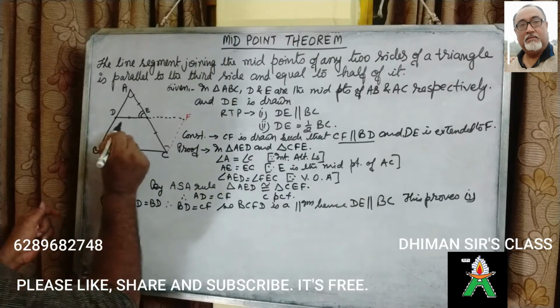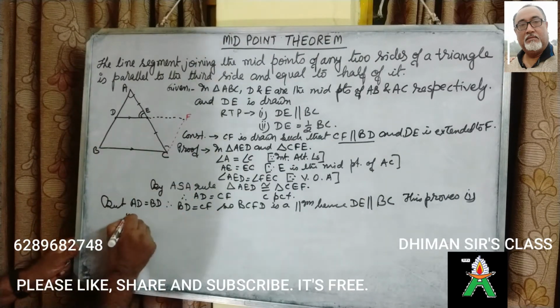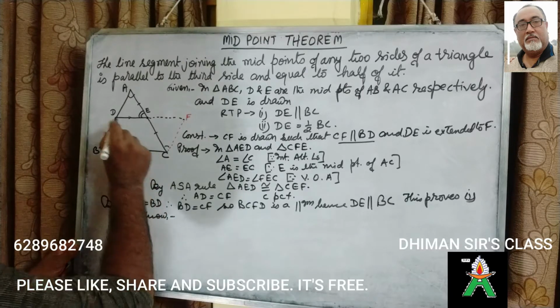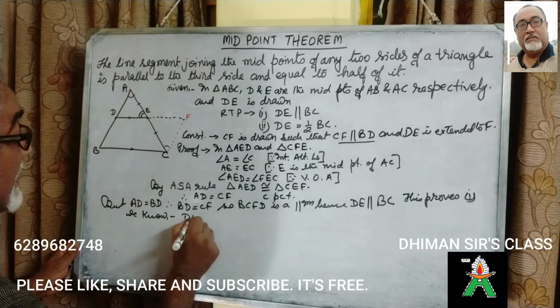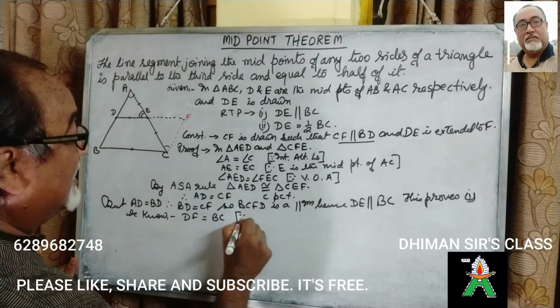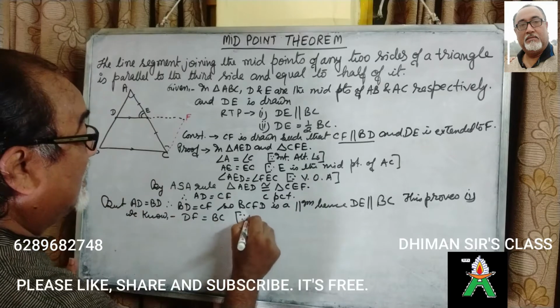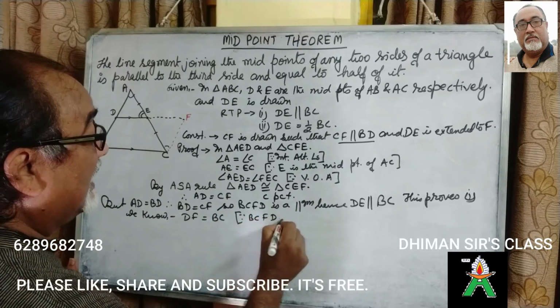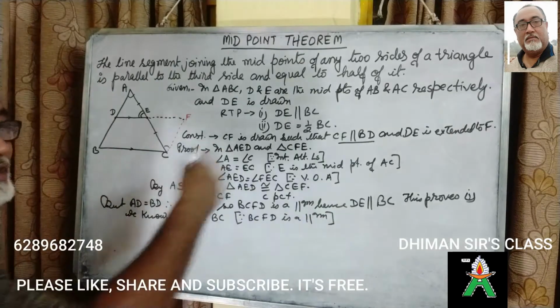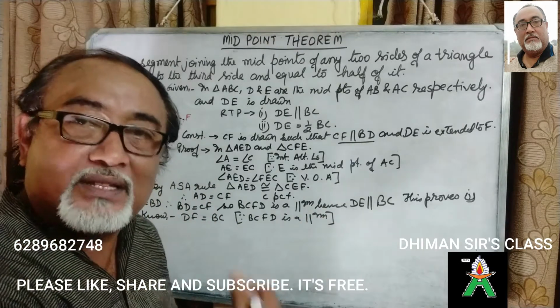In second part, we know DF is equal to BC. Why, sir? Since BCFD is a parallelogram, opposite sides of a parallelogram are always equal.